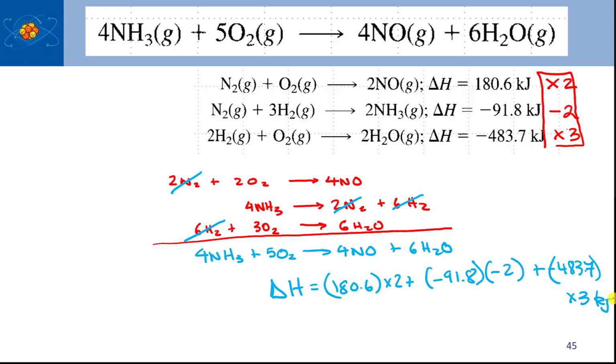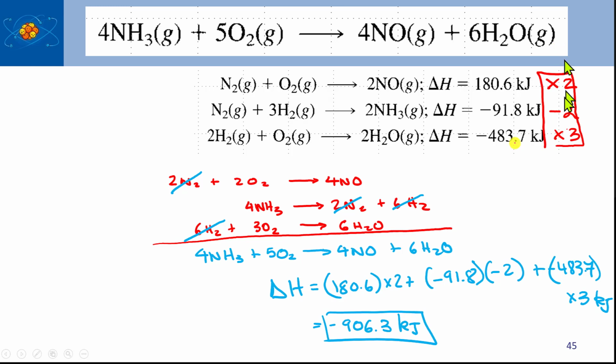And so then you add all this together, and what you end up getting is negative 906.3 kilojoules for the overall process. And that's your enthalpy for that overall reaction that's shown up the top here.